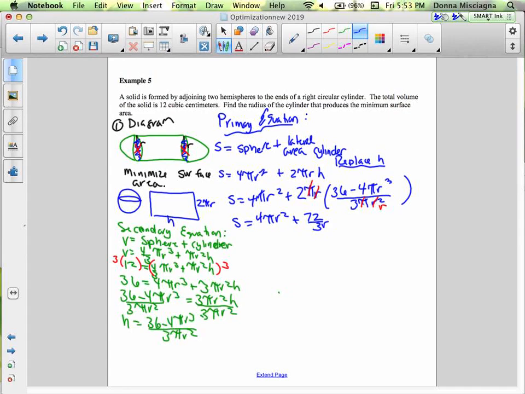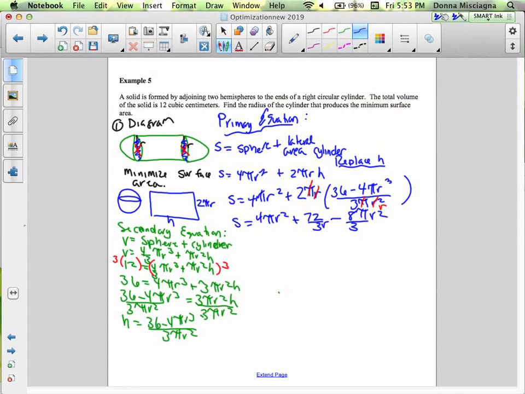Right, so 72 over 3r minus, and so that would be 4/3, but I'm going to multiply by 2, so 8/3, and there's going to be a pi, and r cubed divided by r would be r squared. All right, so there we go.